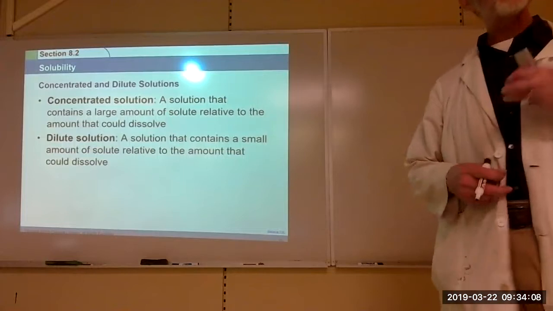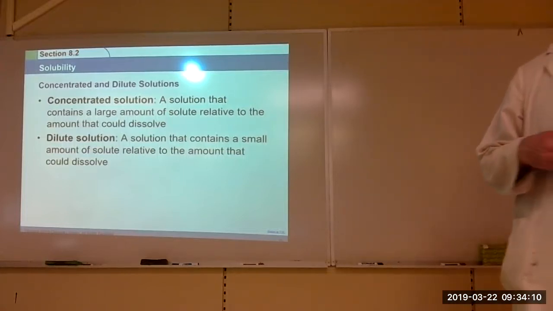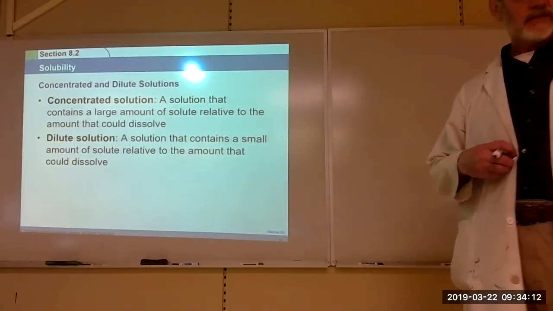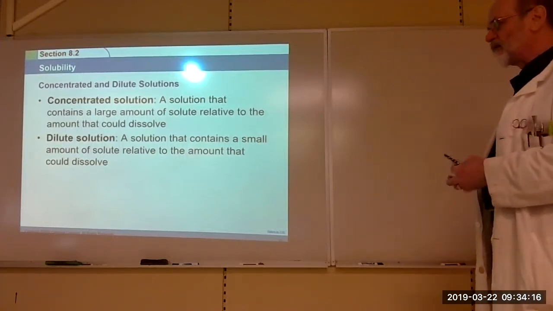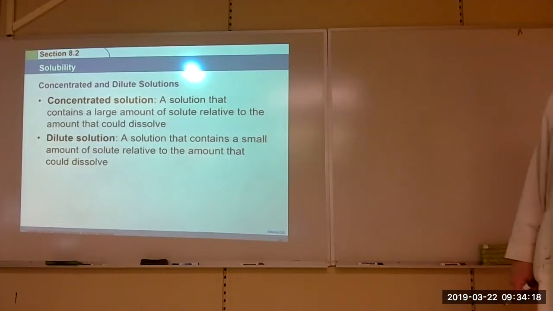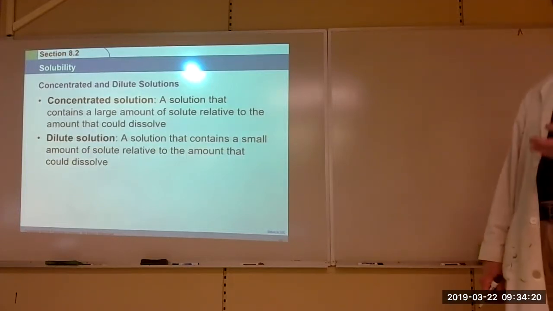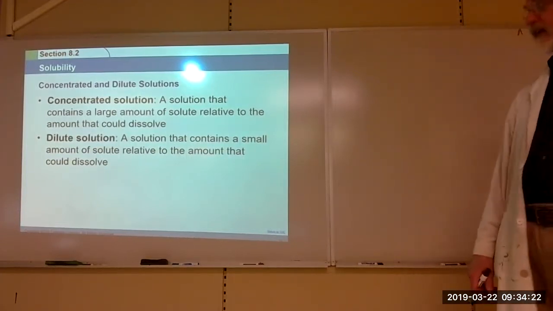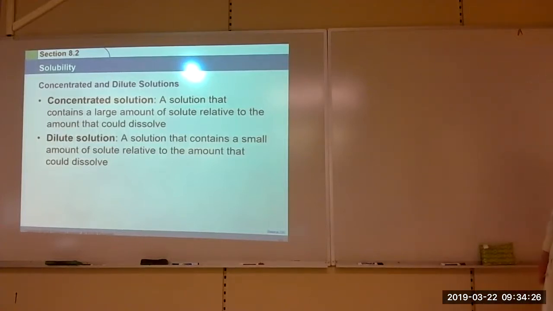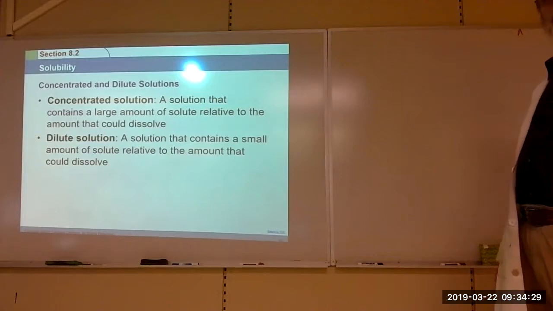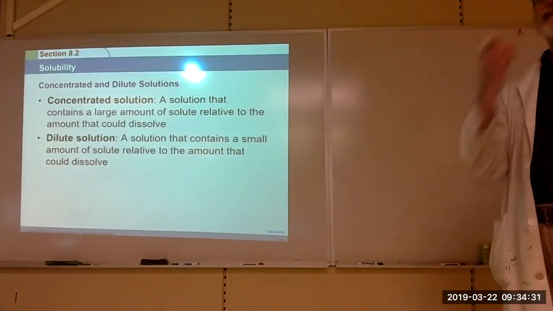So if a large percentage of the saturation amount is in solution, then you say it's concentrated. If only a very small amount of solute is in solution relative to its saturation point, then it's called dilute.